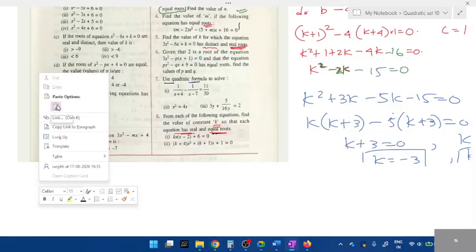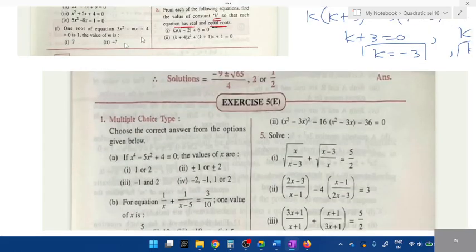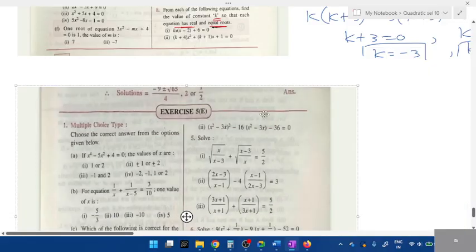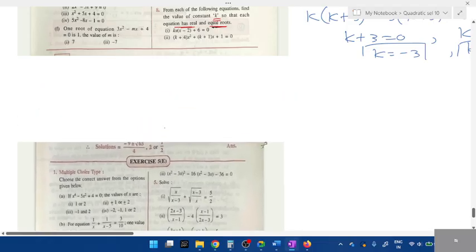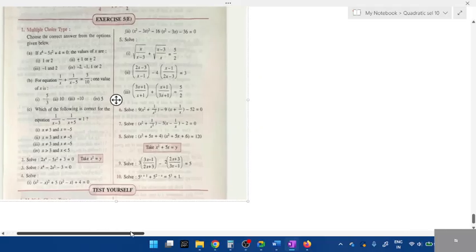This exercise is done. It was mostly on roots. See, for the board exam, they haven't given such a question. It is a little advanced. So I'll just teach you a few questions. If you want, you can practice this later.